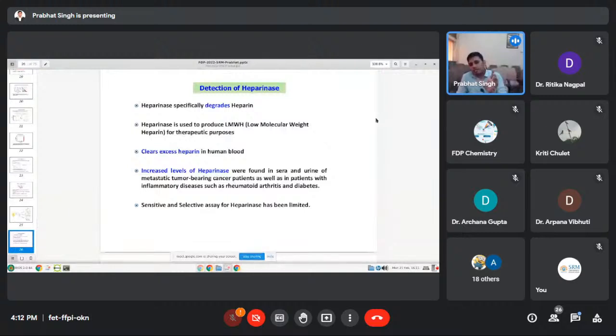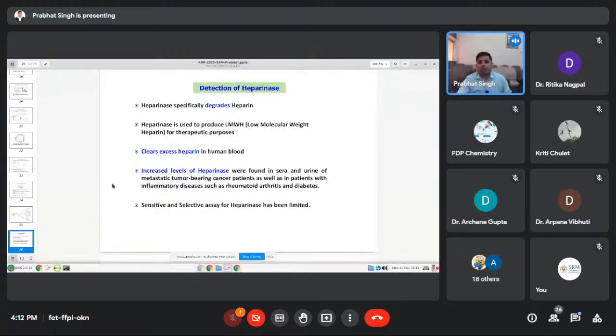So you would like to cleave them. That is one of the purposes. But other than that, heparinase enzyme is also a biomarker for several diseases such as rheumatoid arthritis and diabetes. So there is a need to devise methods for detecting heparinase.